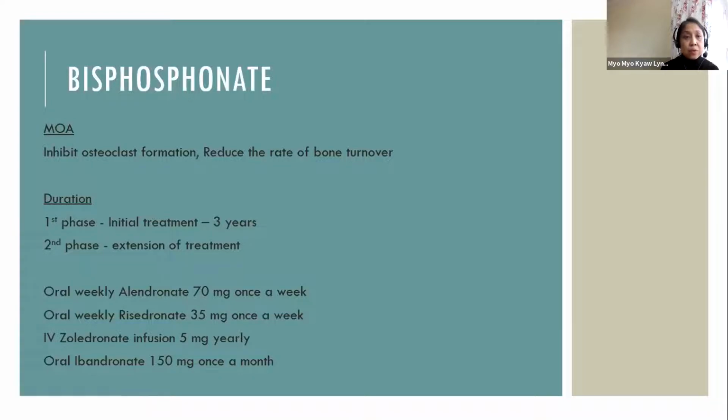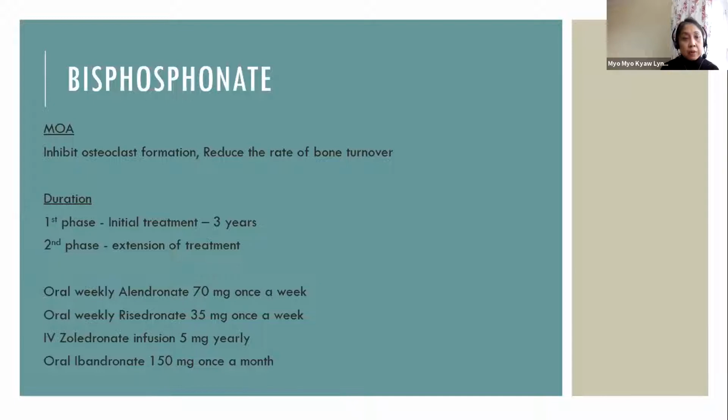I think this is one of the reasons that when we see patients in our community care setting, the majority of the patients are on the bisphosphonate, but many of them have been using it for more than 5 years. So I think it is very important that we reassess the treatment after the initial treatment, which is the first phase, the 3 year phase, to see whether you really need to continue for 2 more years, which we call the extension of the treatment.